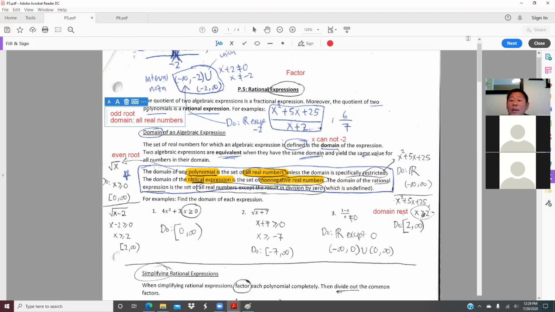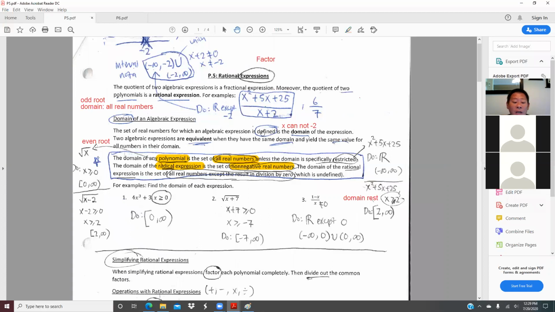And the last one that we talk about here is if you have a fraction, we call it rational. Don't forget, we don't use the word fraction anymore, you use rational. So if you have a rational, then your domain is all real numbers except where your denominator is 0. As Sally says, you cannot have a 0 in the denominator.